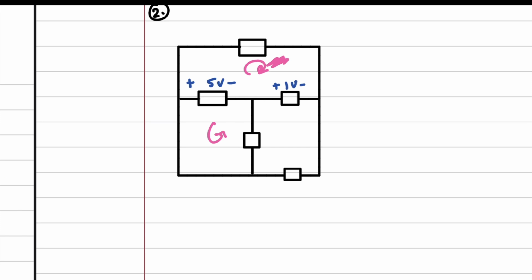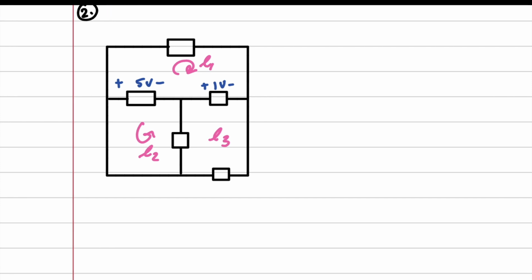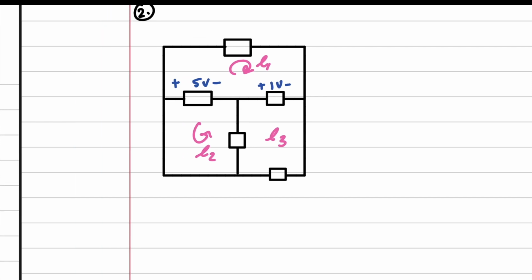Let's call it loop 1, loop 2, and loop 3. So we get going into this way, -1, going into this way, -5. So the top right here has to be +6 volts minus in this configuration.